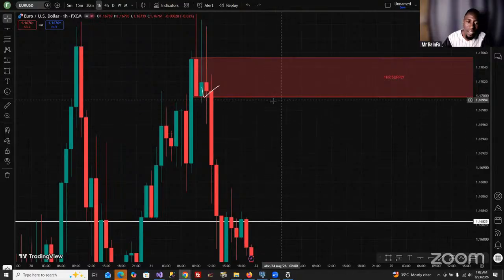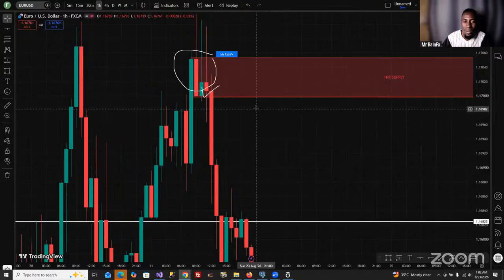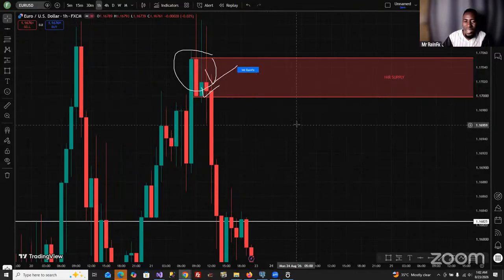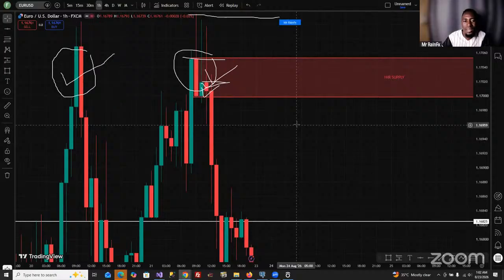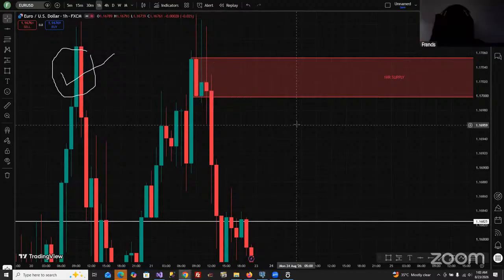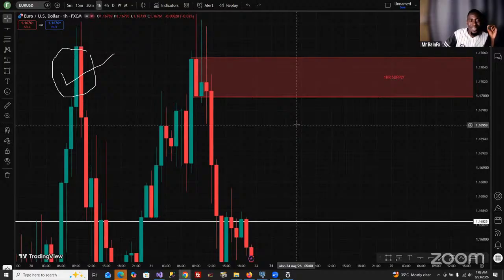So this area, you're good, it's a nice area. You can decide either to put your zone here and put a line here, or use this liquidity up here. Just mark up this liquidity and put a line here. Now it depends on what goes well for you.